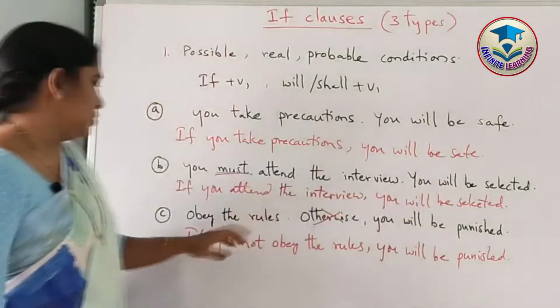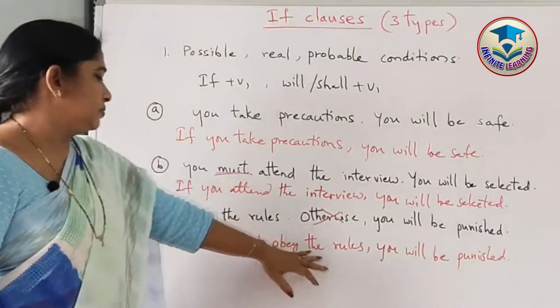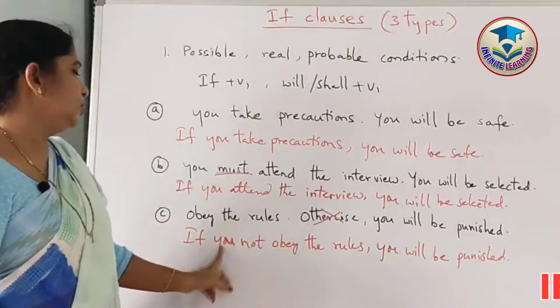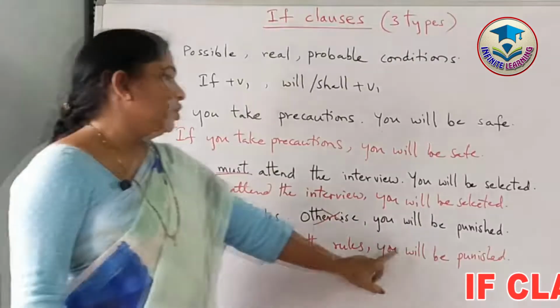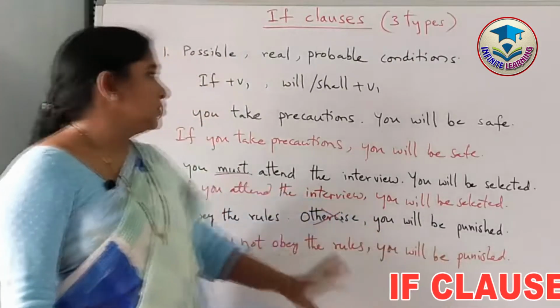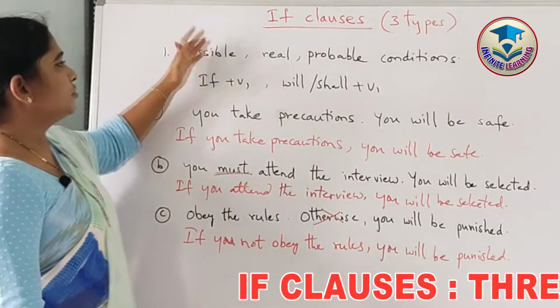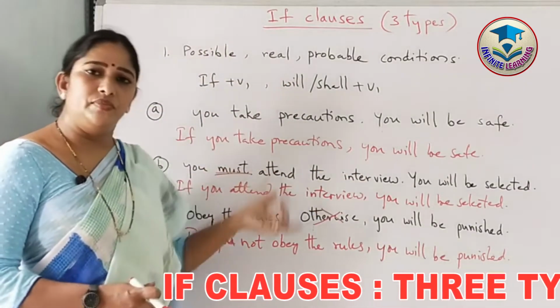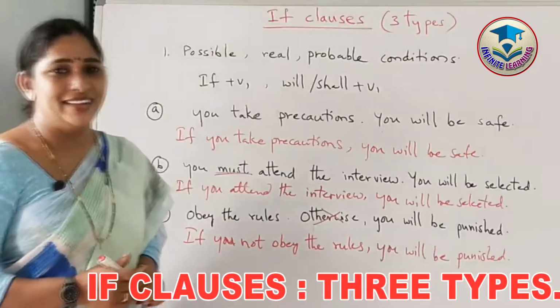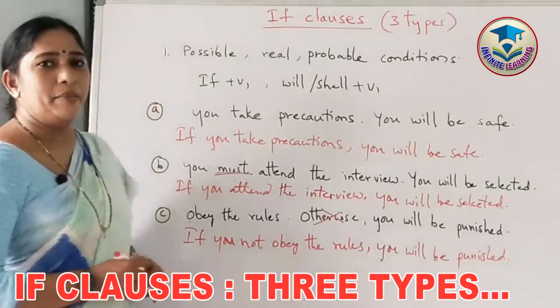If you do not obey, even though it is negative, it's you plus obey, V1, you will be punished. So simple present and simple future combination: possible, real and probable conditions, this is the first type. Got it, I think so? These three are the examples.